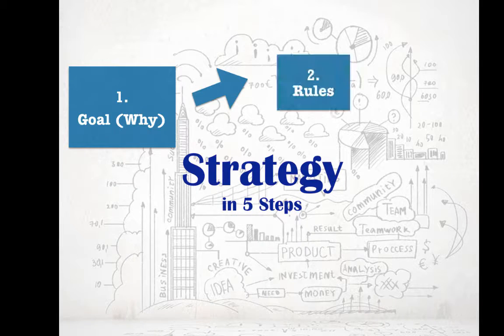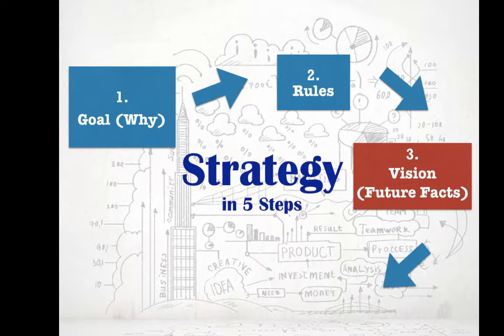The second thing is to come up with a set of rules about how you're going to accomplish your why or your goal. And then thirdly, get a vision, develop a set of future facts, which we worked on in our first part of how to develop strategy in 5 steps.